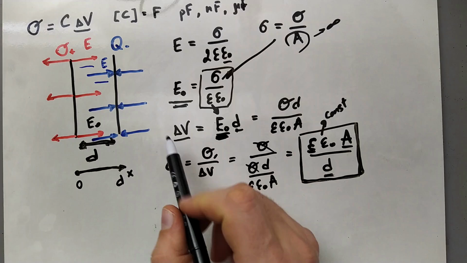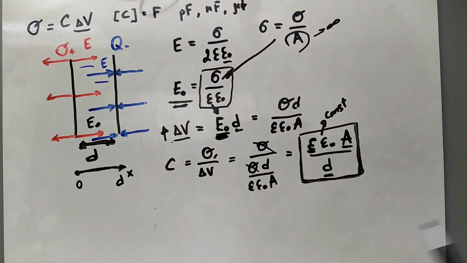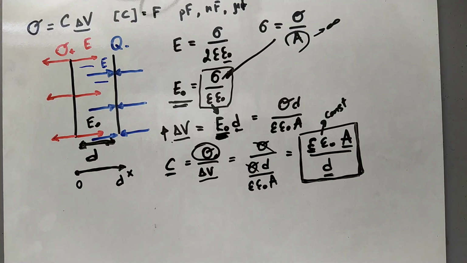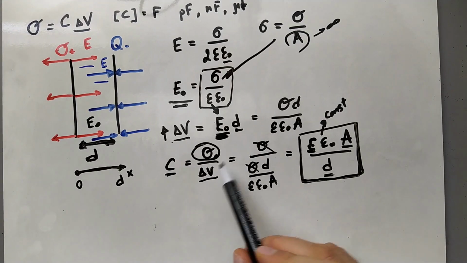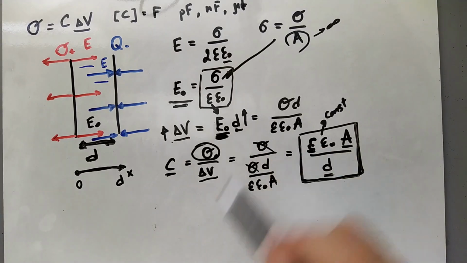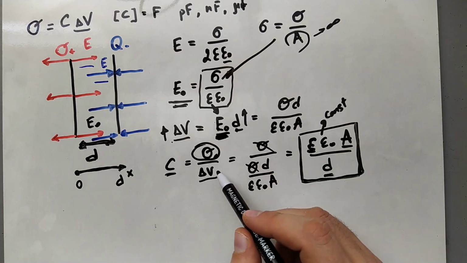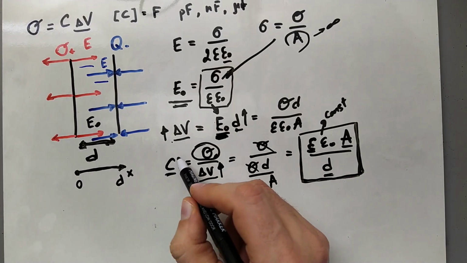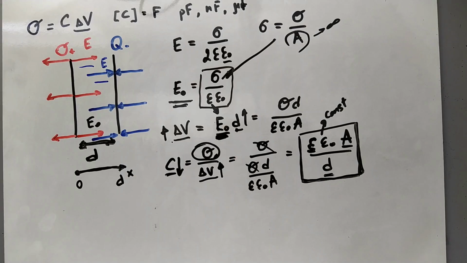So in that case, the potential difference between the two plates will increase. Since it is in the denominator of this expression for capacitance, with the same amount of electric charge accumulated by this capacitor, as we increase the distance between the two plates, potential difference increases, and that causes a drop in capacitance.